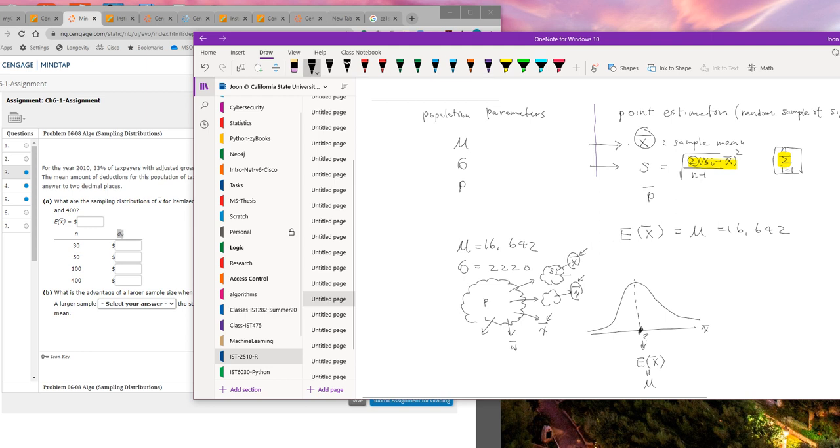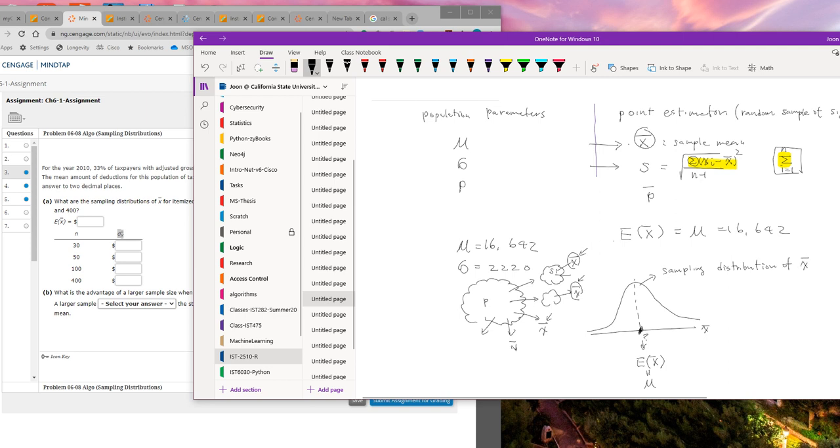Okay, now the next problem is to find the standard deviation of this sampling distribution. So the name for this is the sampling distribution graph, the distribution of the x bar, right?